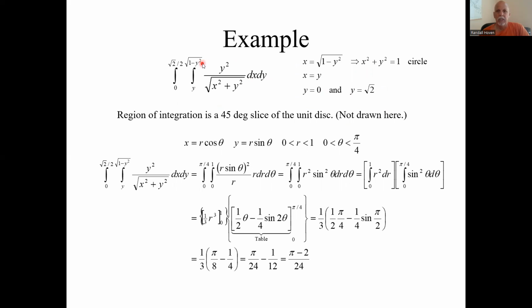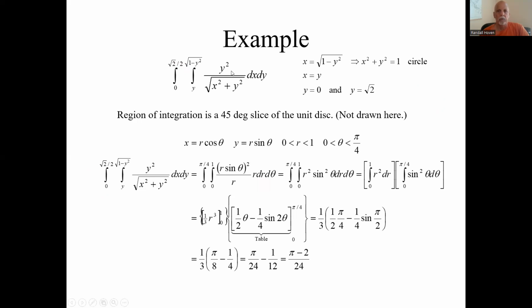This upper limit, again, is a circle, radius 1. And this upper limit on y makes everything nice. All you're looking at is a sliver or a piece of pie that goes up to 45 degrees, a radius of 1. So this in rectangular coordinates becomes this.